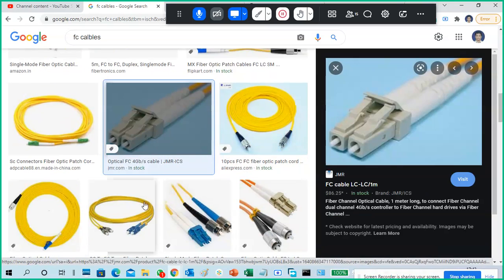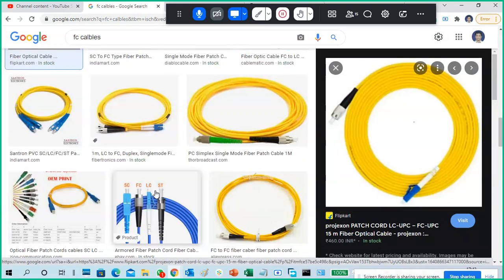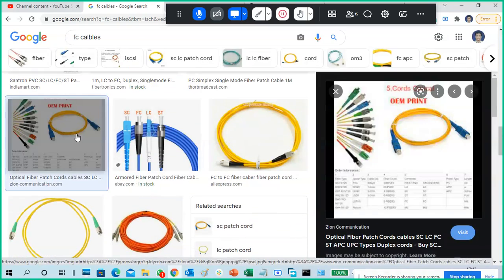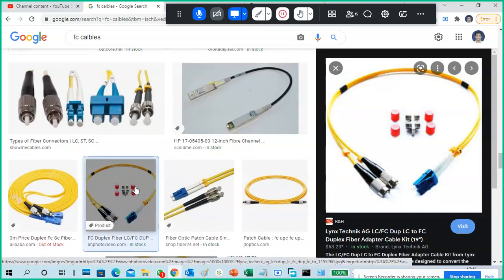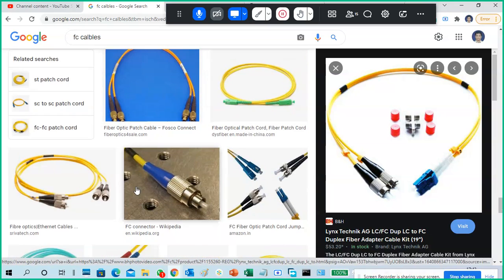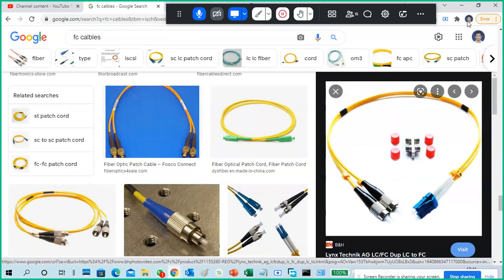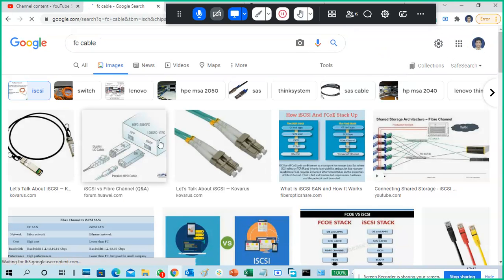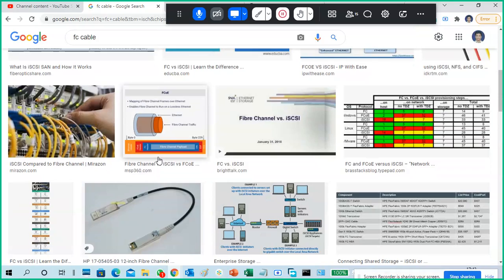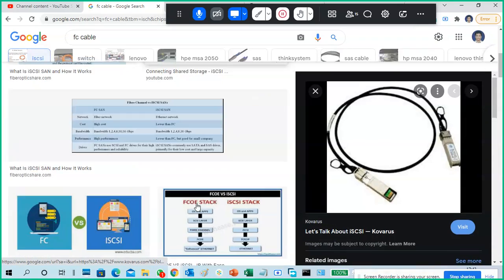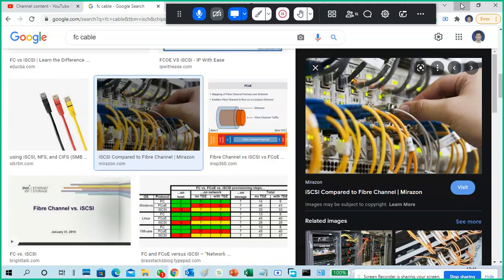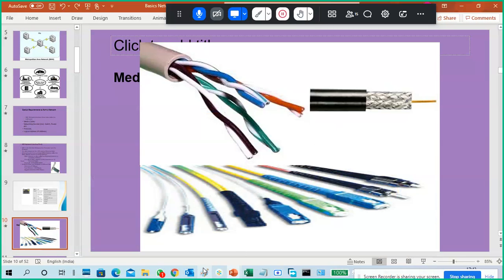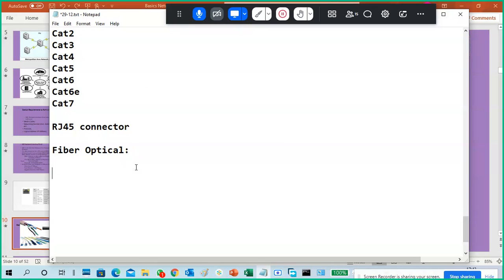Okay, inside the fiber optical cables, it is nothing but glass, or a certain kind of plastic. Fiber optical is SCSI also there. Yeah, this is also a fiber optical cable. Okay, like this. Okay, so we'll go to the fiber optical cables.